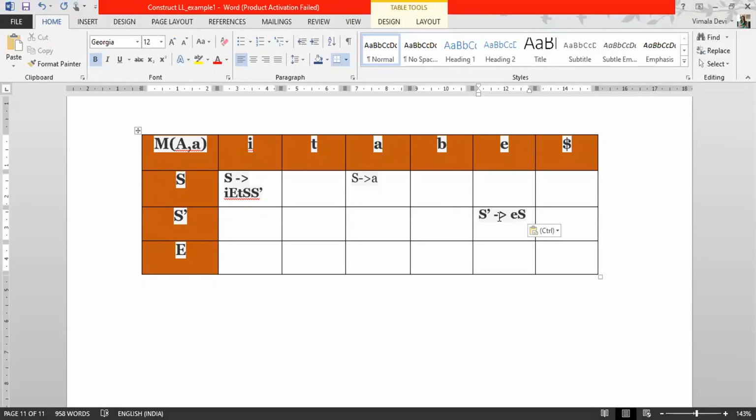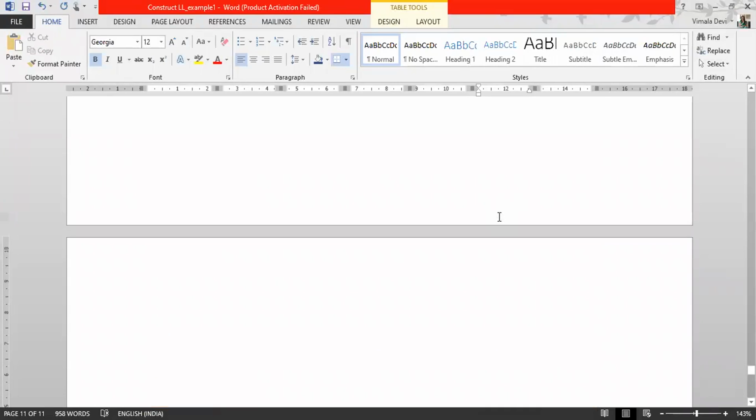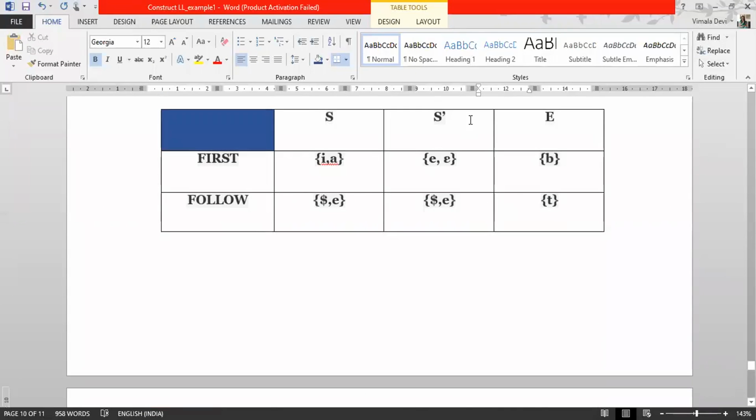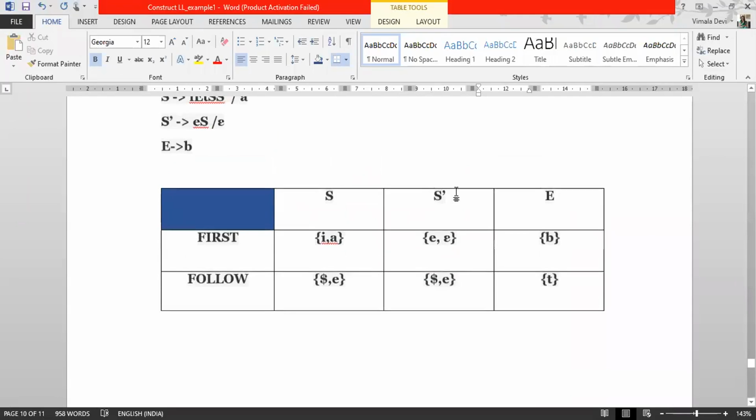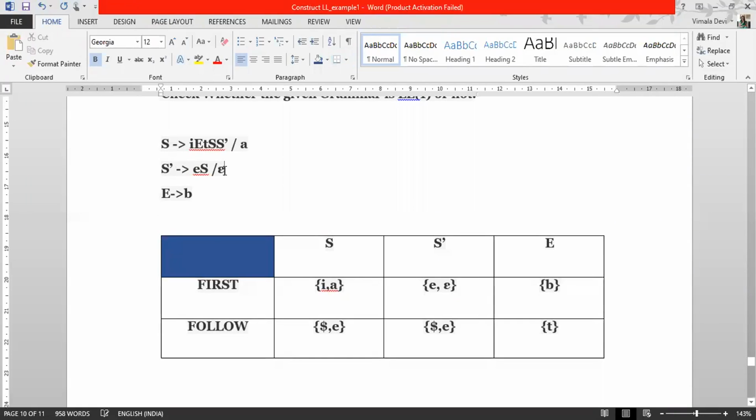And of course, we have another rule, S' derives epsilon. It means first of S' is epsilon. Whenever first set contains epsilon, go to the follow set. What is the follow set of S'? It is dollar as well as e. So at the entries S' comma dollar, S' comma e, you have to write the rule S' derives epsilon, isn't it? So let me copy only this epsilon right now.